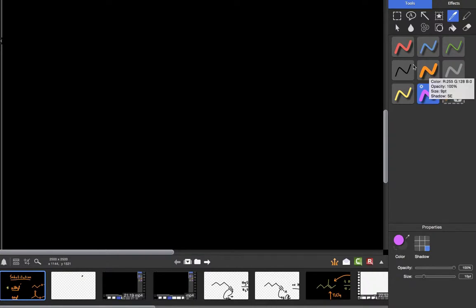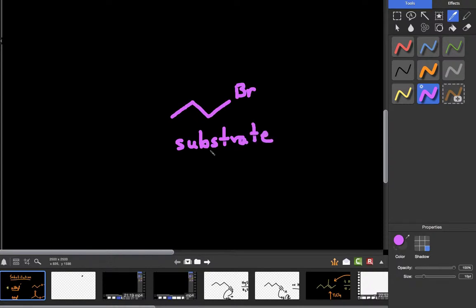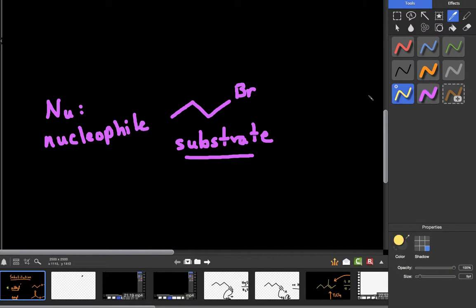So let's examine propyl bromide as our substrate. In every substitution reaction, we will have a substrate, we will have a nucleophile, within the substrate, we will have a carbon that is bonded to a really nice leaving group like bromide.